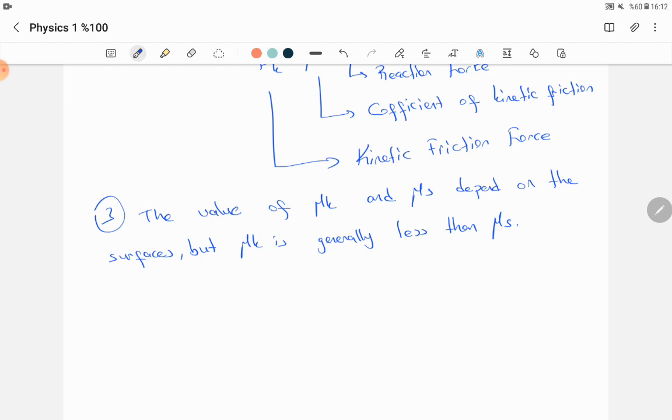Typical values range from around 0.03 to 1.0.